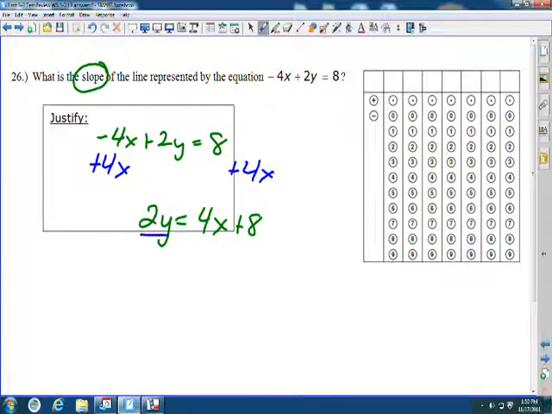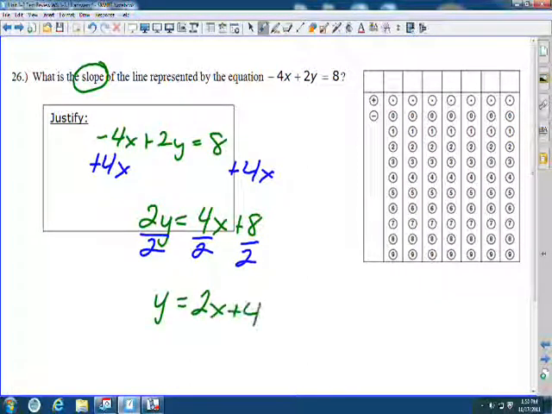I will divide by 2. I get y equals 2x plus 4. My slope is right here. It is positive 2. So I put the positive, and I'm just going to put the 2 here. Now you could put 0.000, but you don't have to. You can just leave it like that.